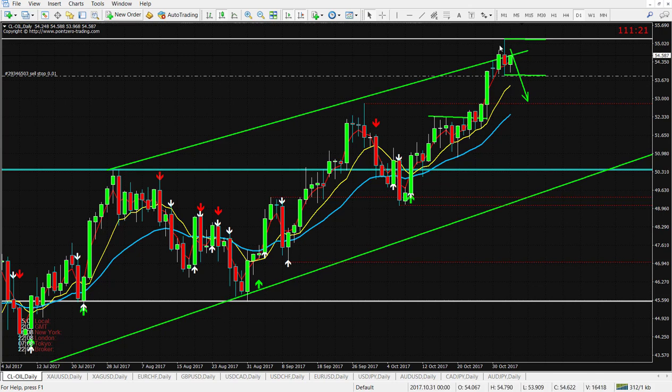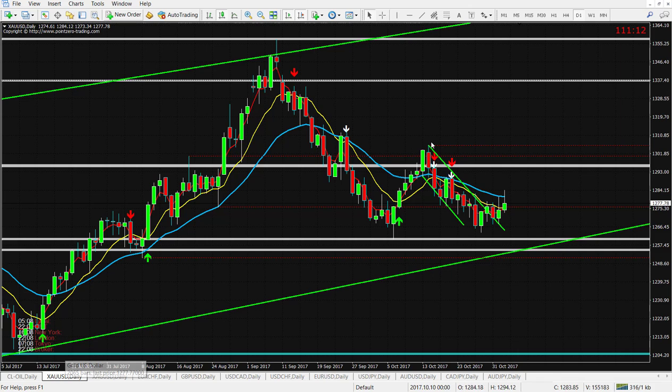So oil touched a resistance area, and hopefully it's gonna go back. This is gold. Gold couldn't break this moving average, the 21 moving average. It's a dynamic resistance moving average, so it's forming a pin bar. That's a sell signal normally, but we will see if the price is gonna drop or not.